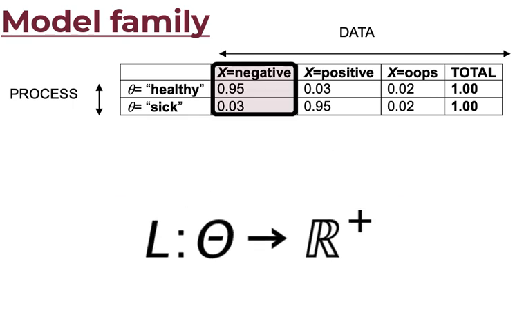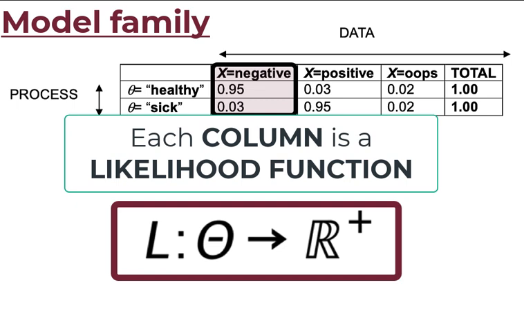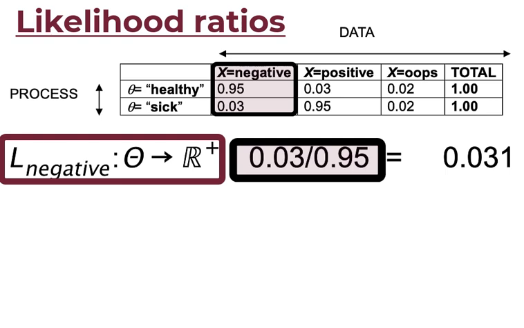Now, each column, it has a name too. That's called the likelihood function. So there's L right there. Likelihood function. A negative test result was received. So L for a negative is a function from the parameter space to the real line. That's what this notation means.